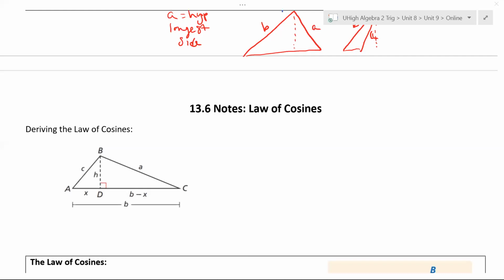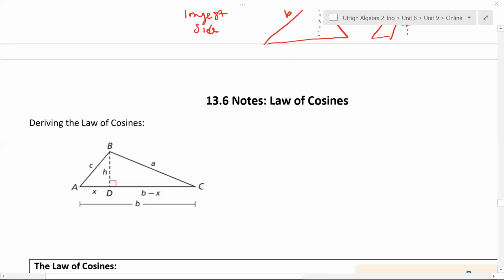So what I want you guys to take a look at is this triangle that we have here at the top of the page. What we're given is just a regular triangle labeled how we usually label things, with a height drawn.